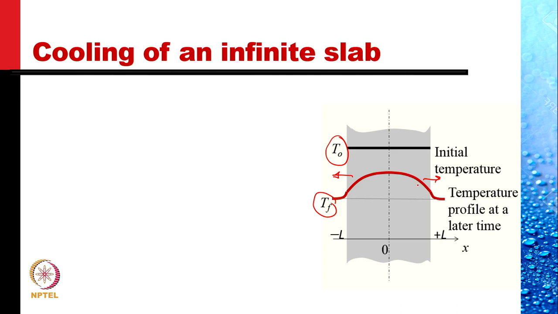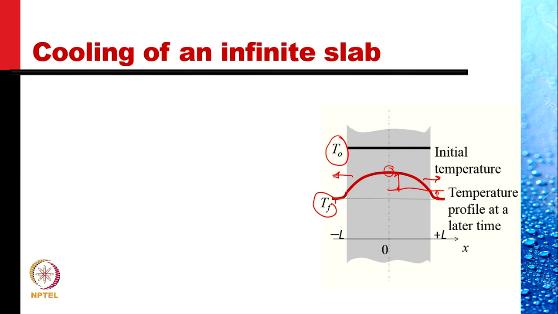The temperature of the slab is coming down regularly, but it is highest at the center. It varies with x. This is the drop of temperature within a solid at a given moment, and this is the drop in temperature within the fluid at the boundary layer, the thermal boundary layer, at the boundary of the slab.